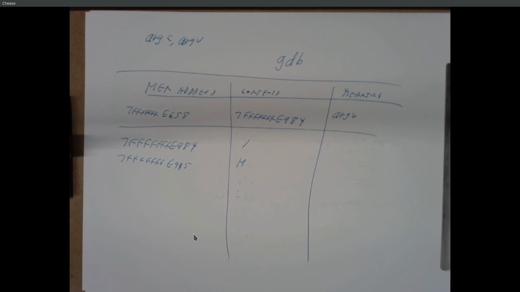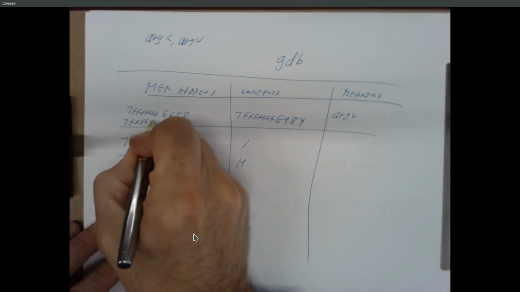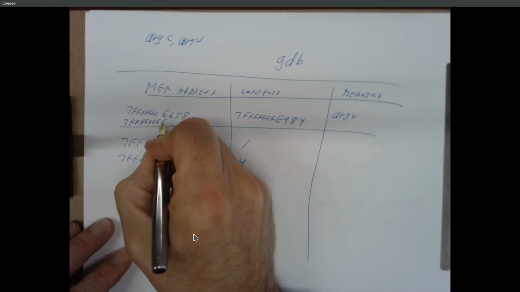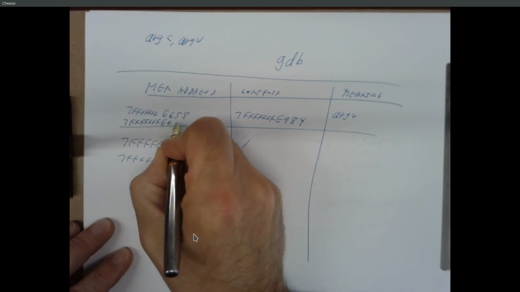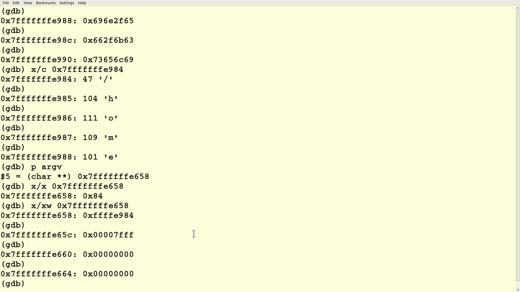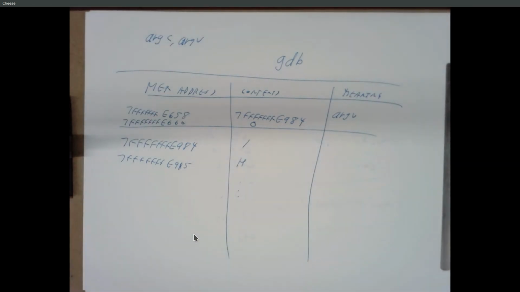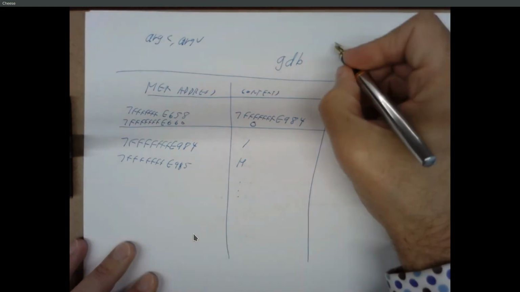So let me add something to this. So E660 and E664, this is 0. Okay, so what does all this mean?